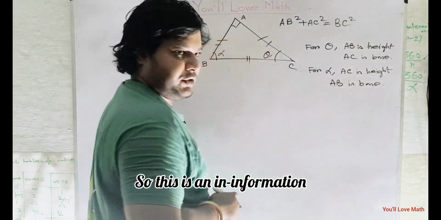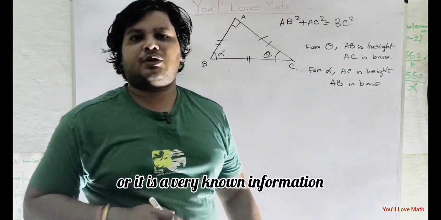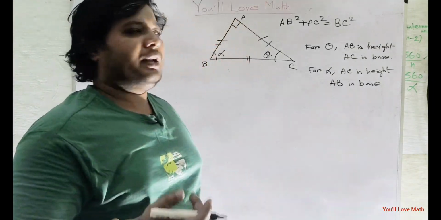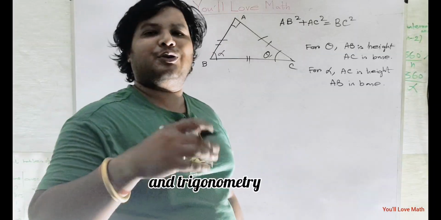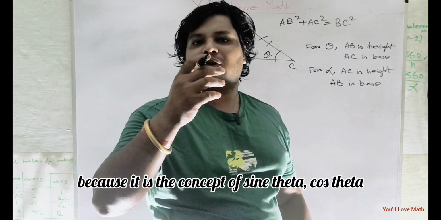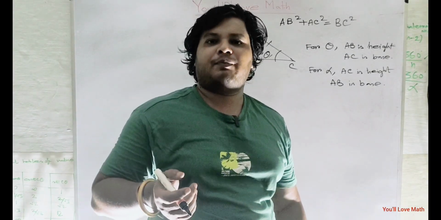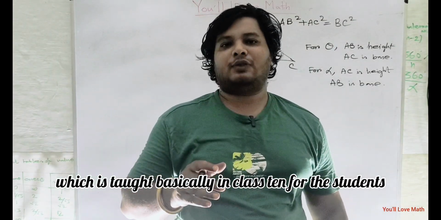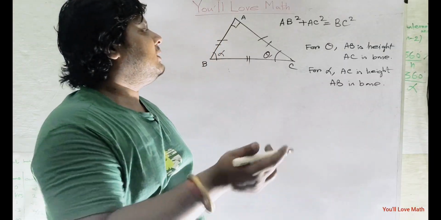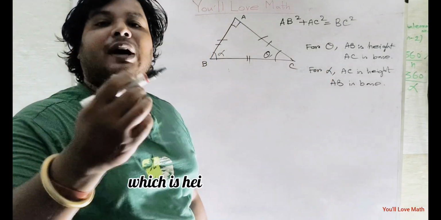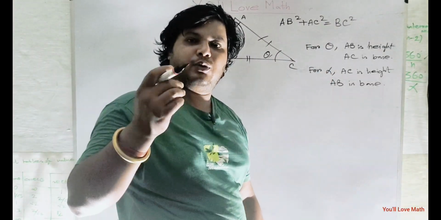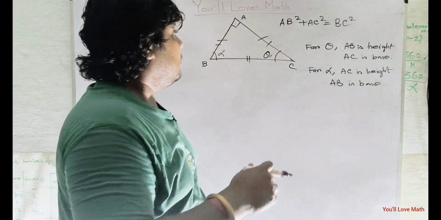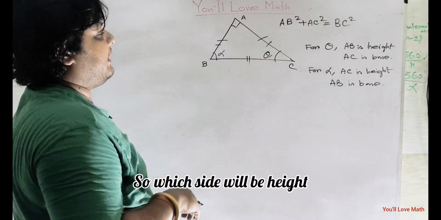This is very known information for those who have learned geometry and trigonometry, because it is the concept of sine theta and cos theta, taught basically in class 10. This is an important concept: which line segment will be height and which will be base.